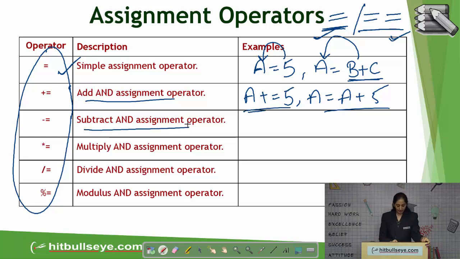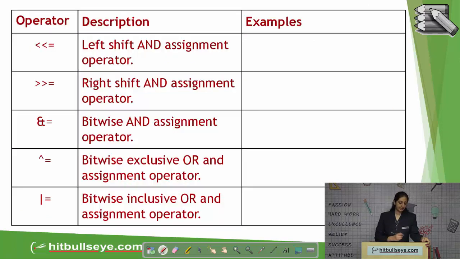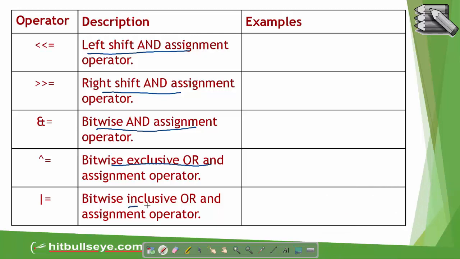Similarly, subtract and assignment operator, multiply and assignment operator, divide and assignment operator, and modulo and assignment operator. Now the next are left shift and assignment operator, right shift and assignment operator, bitwise AND assignment operator, bitwise exclusive OR and assignment operator, and bitwise inclusive OR assignment operator.